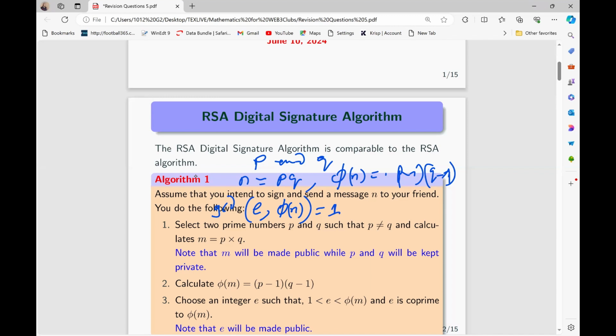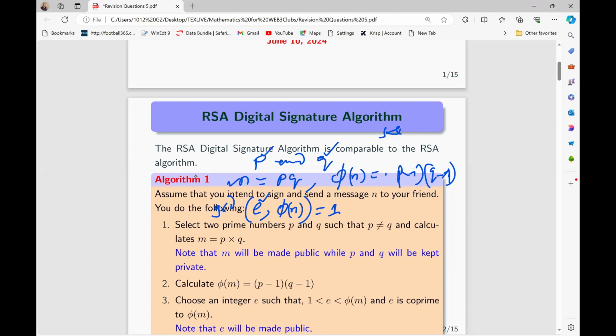So the E, you just choose a number which is relatively prime to Euler phi of N. That will be the exponent. And of course, we said that P and Q are kept secret. After calculating this, N will be made public. Another key that will be made public also is E.